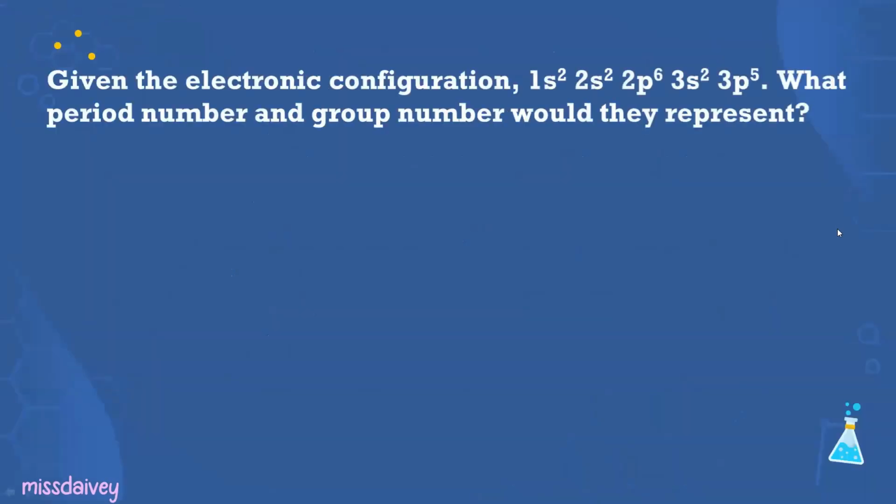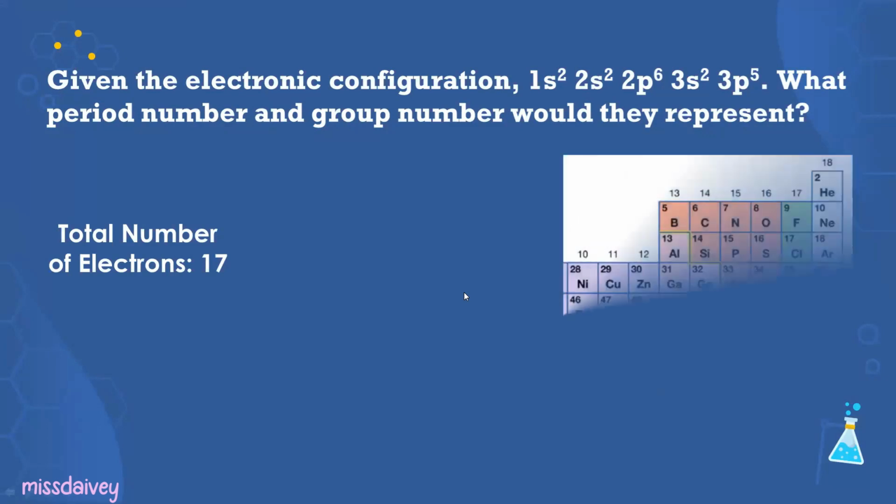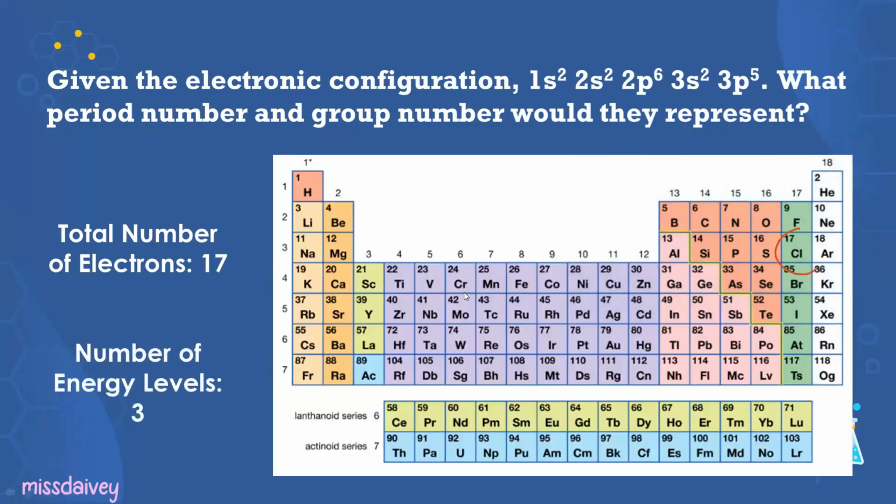Given the electronic configuration 1s2, 2s2, 2p6, 3s2, 3p5, what period number and group number would they represent? The total number of electrons in the given electronic configuration is 17. So 2 plus 2 plus 6 plus 2 plus 5 is equal to 17. And the highest energy level is 3.